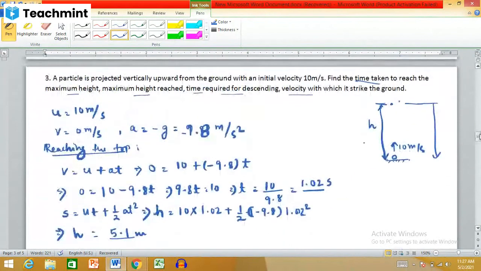So let me zoom out so that you can get the answer on a single page.